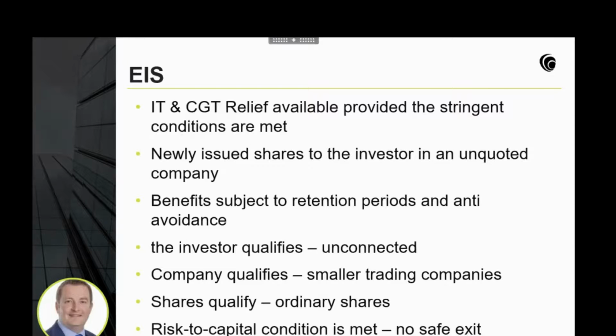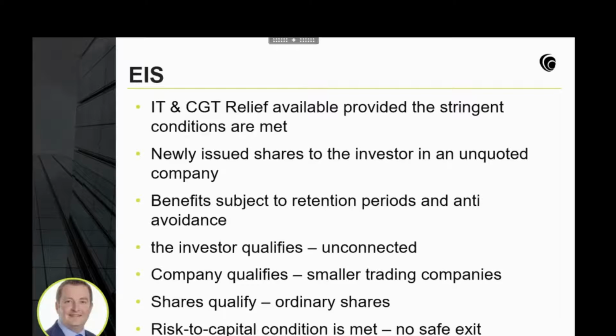I'm not going to run through the conditions for the enterprise investment scheme, other than to say the company or the business needs to be undertaking a qualifying trade. And essentially there are excluded trades such as trades involving land and property, financial services, which are kind of deemed to be less risky.